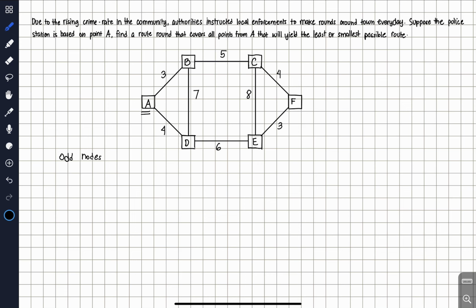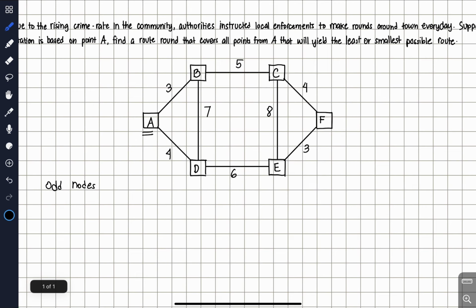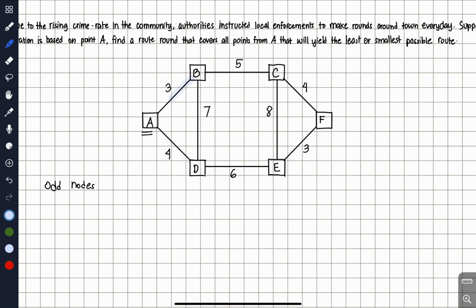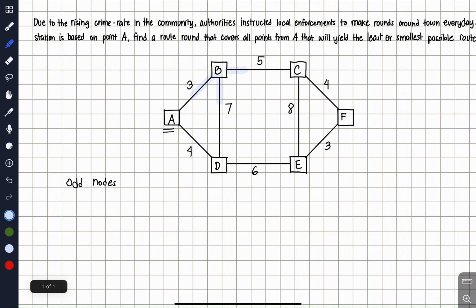So in our case, if we look here, we have B, which has three paths. Let me highlight this. There we go. We have B. B has three paths, so we'll consider B as an odd node.